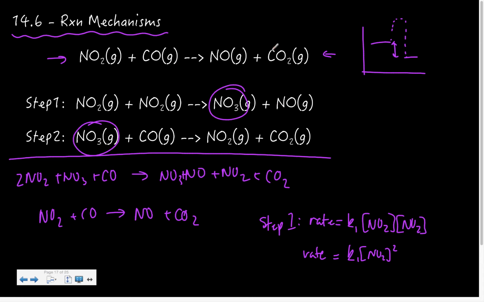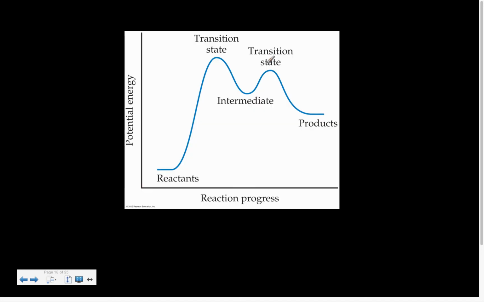We could not do that for this reaction though, because that's not an elementary step. That's an overall reaction. On a graph, we still have reactants versus my product, so this is still my overall delta E for the process.